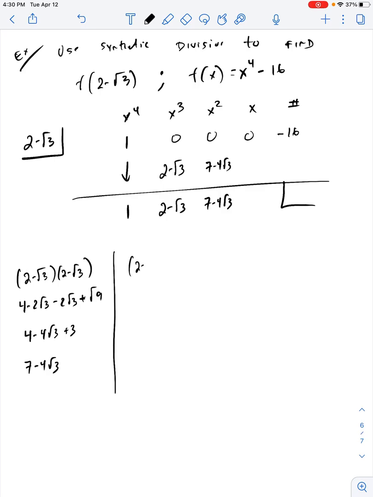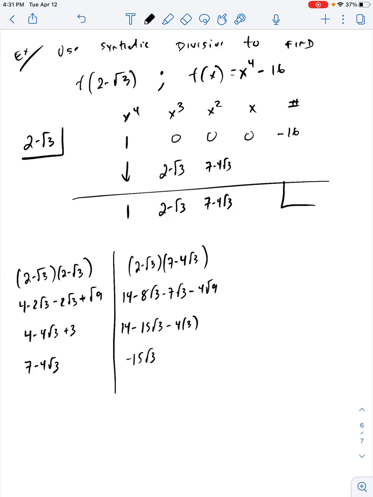Looks like we're multiplying again. And I'm showing every step. For those of y'all a little faster, you definitely don't have to show it all. That's 14 minus 8 square root of 3 minus 7 square root of 3 minus 4 square root of 9. 14 minus, what do we get there? 15 square root of 3 minus 4 times 3.